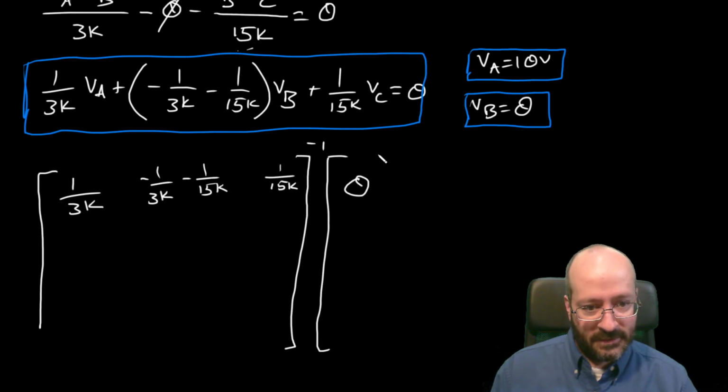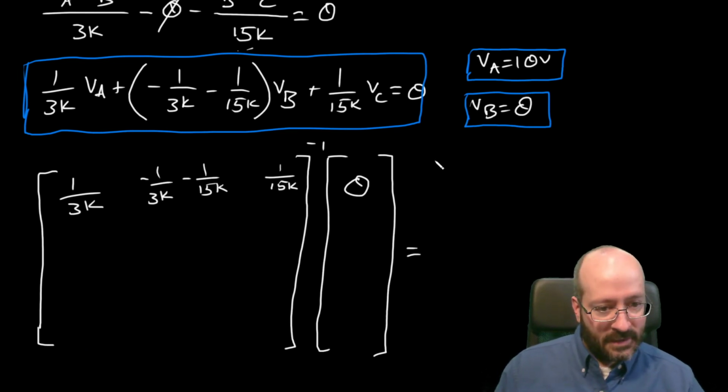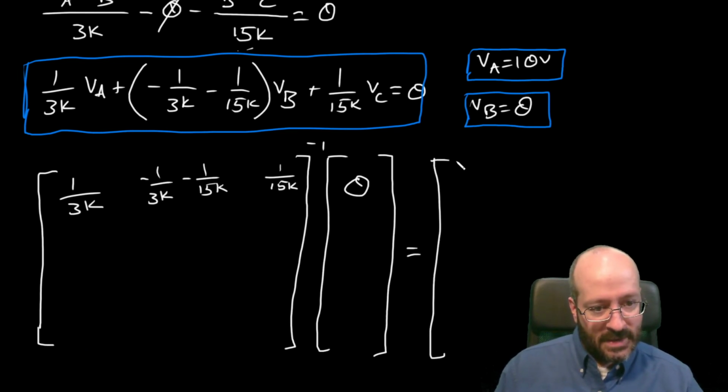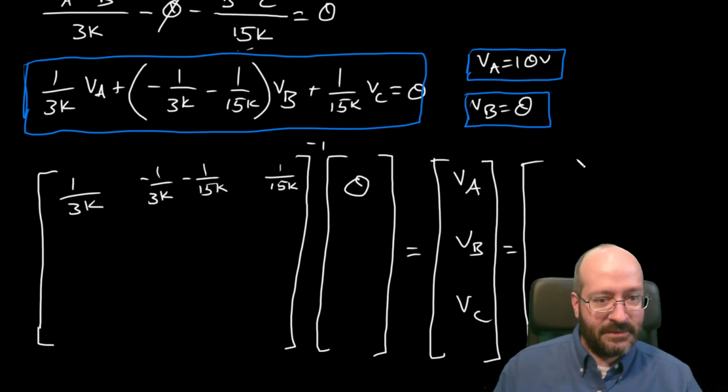So for this one it's 0. And this of course is going to give us our vector of unknowns, VA, VB, VC.